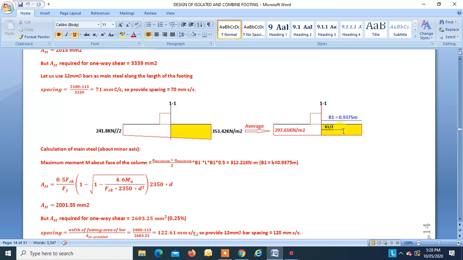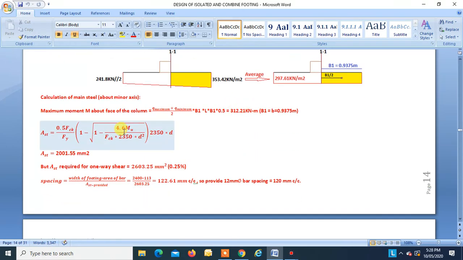That force into B1 by 2 will give the moment about the face of the column, so that is found to be 312.21 kilonewton meter.